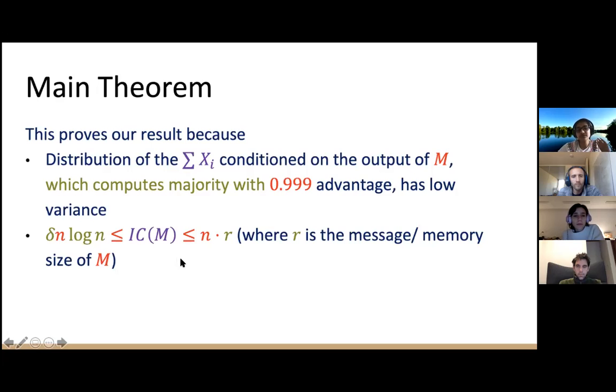Then we prove that this information cost is actually less than or equal to n times r, where r is the message or memory size of M. So this proves that r needs to be greater than or equal to delta log n. That is, the memory required by M is at least delta log n.